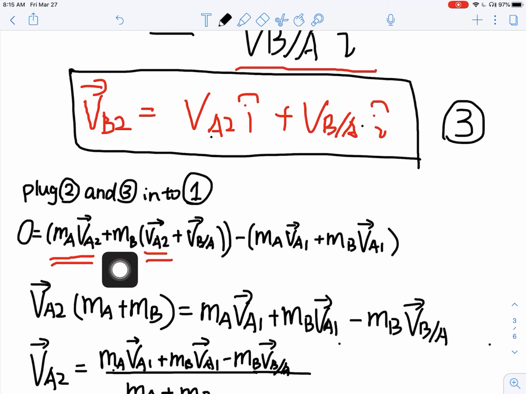If you look at this equation, VA2 is the unknown variable we try to solve, right? So we have two terms that have VA2. We want to put them together and throw everything else to the other side of the equation.